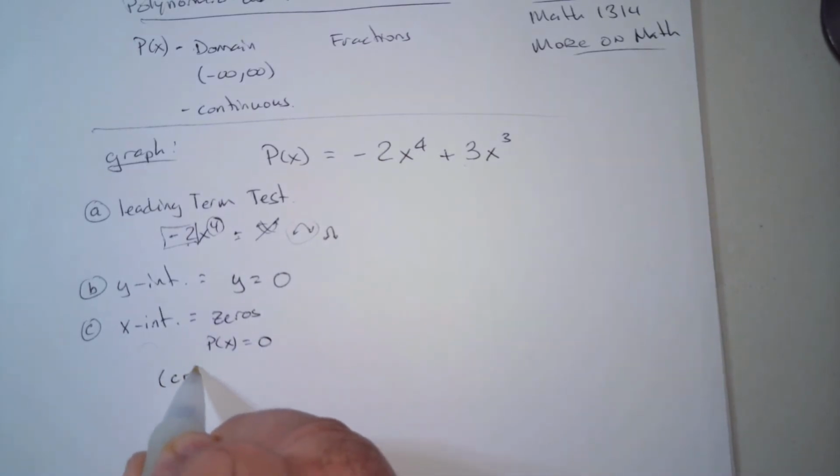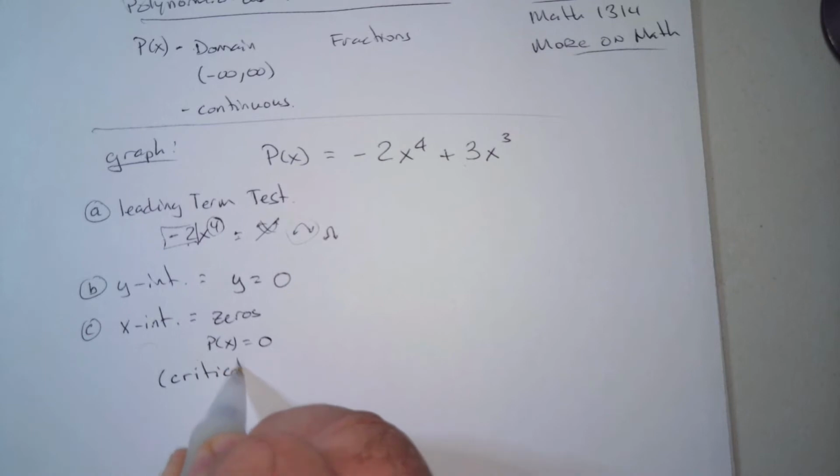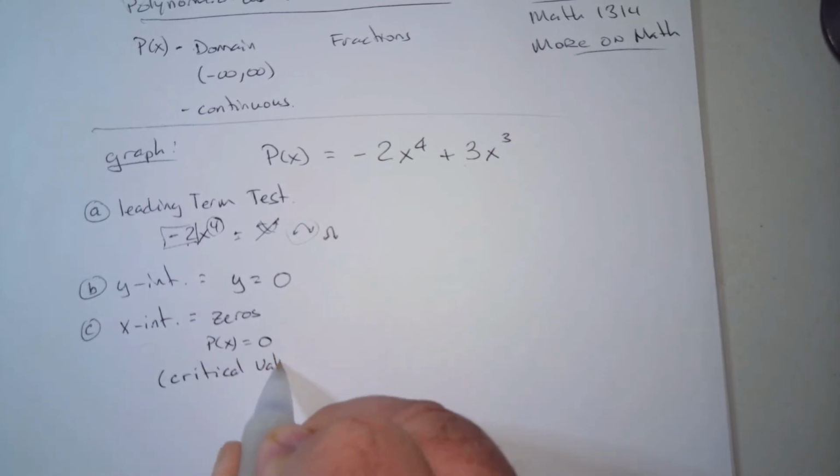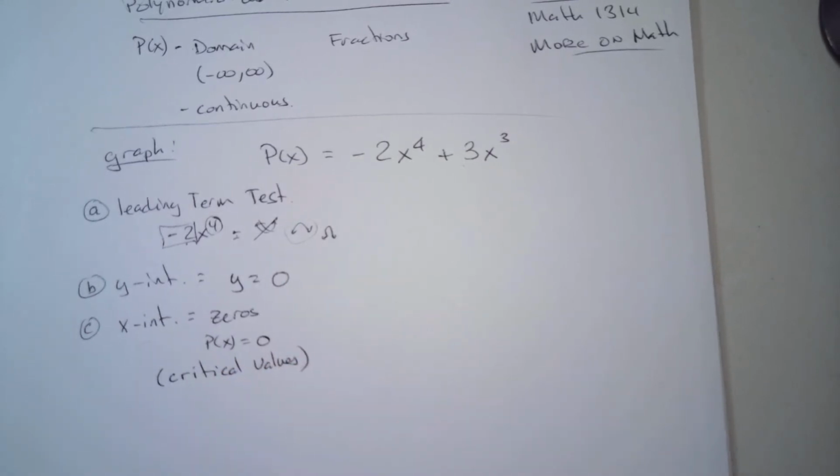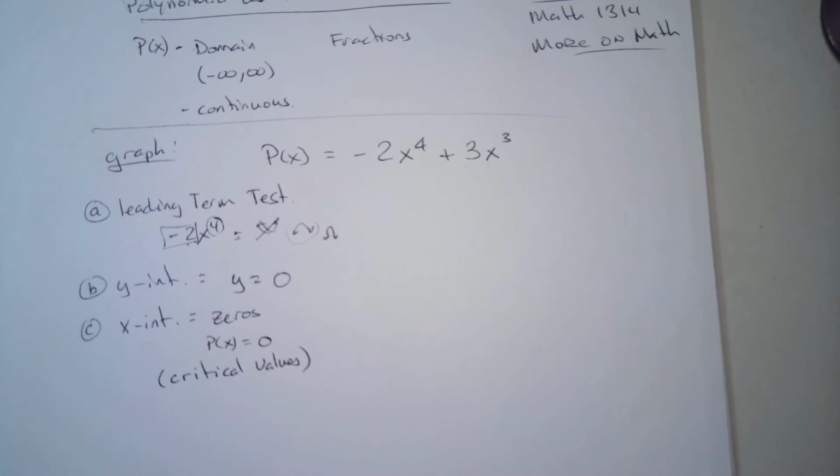We call those critical values. Because at that point, we know that part of the graph will be above the x-axis, part of it will be below the x-axis. And this tells us where they're going to change.